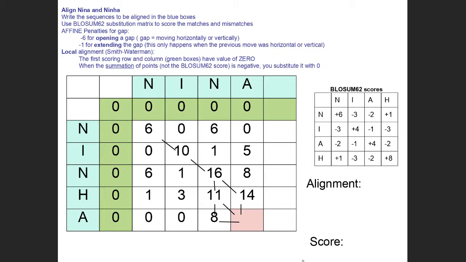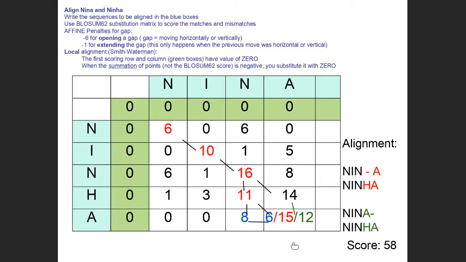So in this specific alignment, there are two possibilities. This is a bad possibility: when you go 6, 8, whatever, that adds up to fewer than if I went 15, 11, 16, or 12, 14.